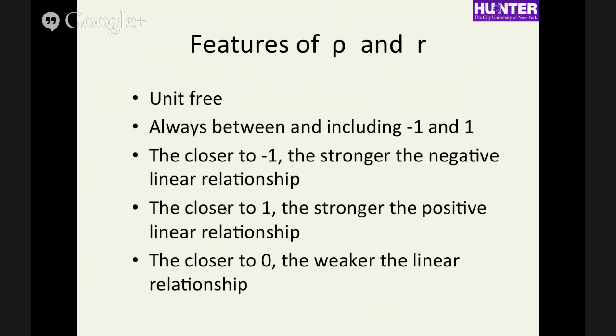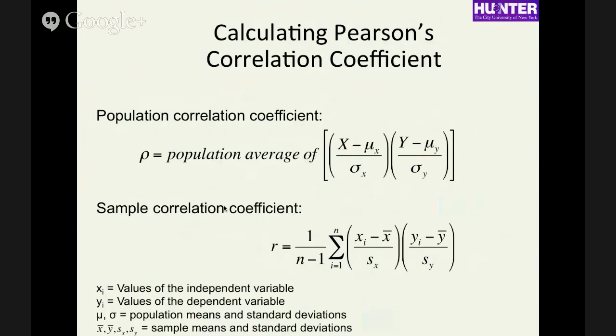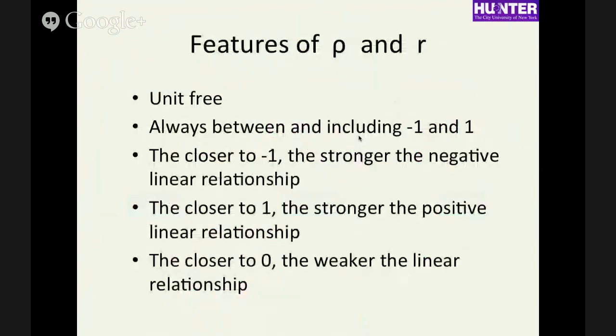But if you turn that into a correlation, the units are gone. We saw that in the formula: you're dividing by the standard deviation, which has the same units as the variable itself, and that gets rid of the units. And a correlation coefficient close to 0 means that there isn't much of a linear relationship.